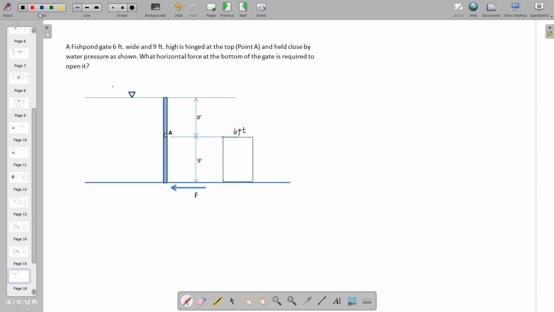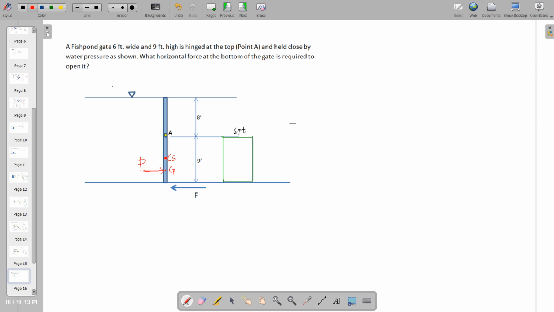So here we label the free body diagram. Say we have here the center of gravity, CG, and this is the center of pressure, and we have here the hydrostatic force.